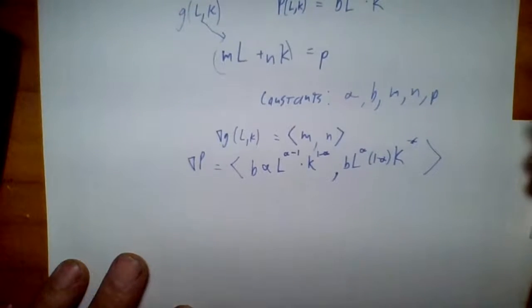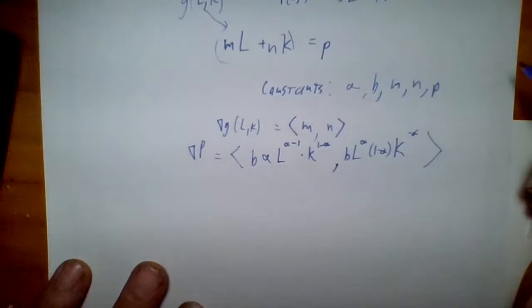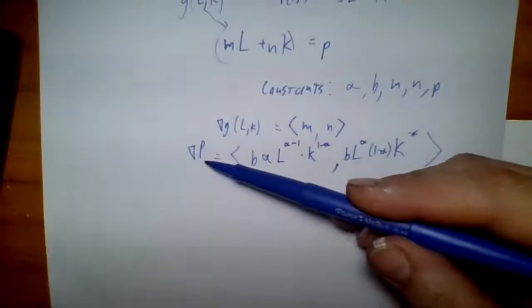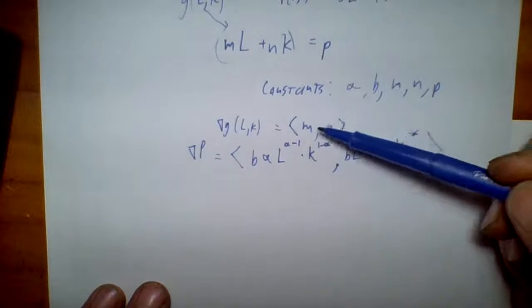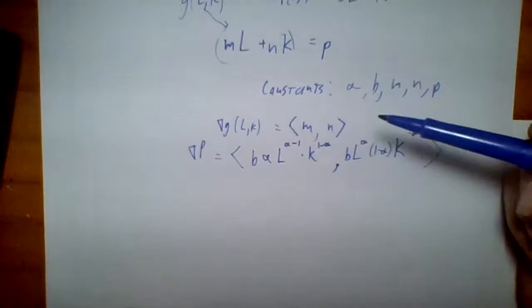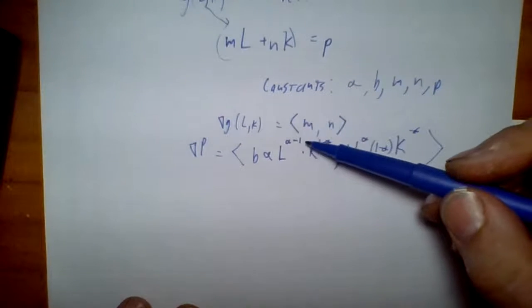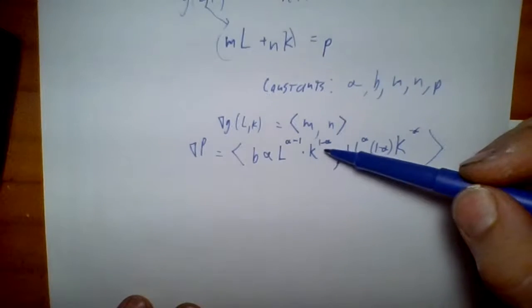So I can set up my Lagrange multipliers formula. It just says that this equals lambda times that. So I'm going to turn that into two equations, and then I got my constraint equation up there.